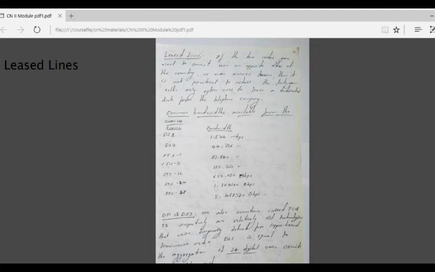The only option was to lease a dedicated link from the telephone company. You cannot own your individual network. So the only option was to lease dedicated links from the telephone company, through which you are able to communicate from one part of the country to another, or from one computer to another, across the country, or even across the continent.